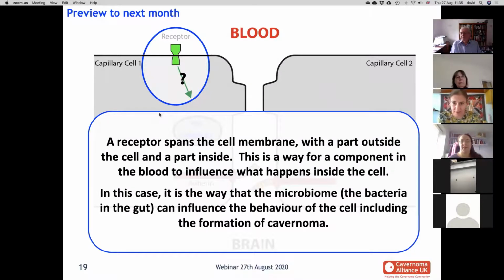You mentioned that the microbiome, the bacteria in the gut, can influence the behavior of the cell. This means that the gut health is involved in the Cavernoma. Absolutely, yes. This was a very exciting finding about 3 years ago only.